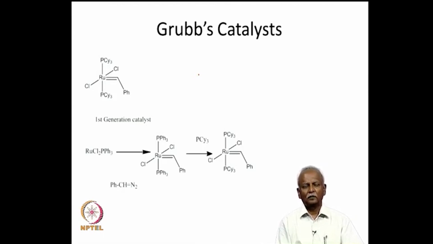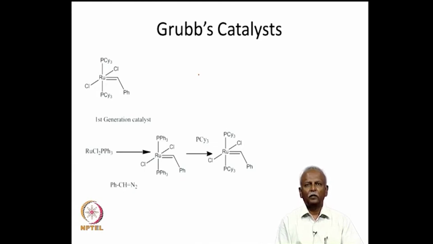Grubbs catalyst was a modification of the carbene systems that were known, which were derived from Fischer carbenes. Fischer carbenes were those species where you had a late transition metal along with a carbon bearing a heteroatom.